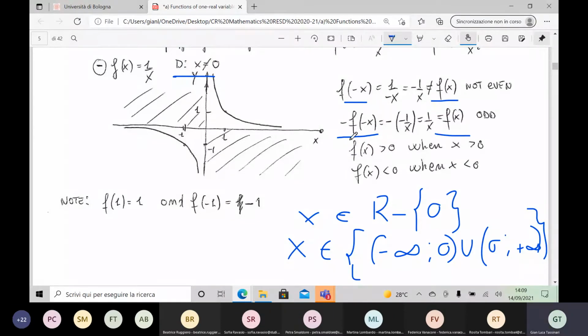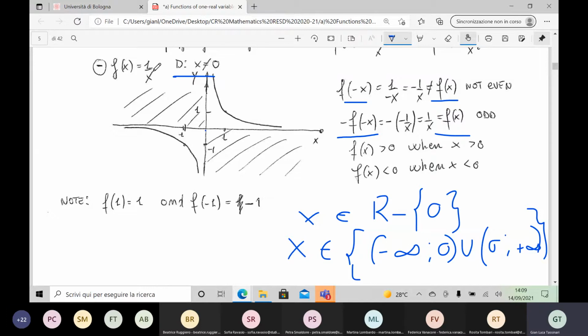Another thing that you can do is the study of the sign of this function. Guys, reason with me. We solved some inequalities this morning and we saw how to study the sign of a function. For example, look at the numerator. The numerator is 1. 1 is positive, so the numerator is always positive. Look at the denominator.